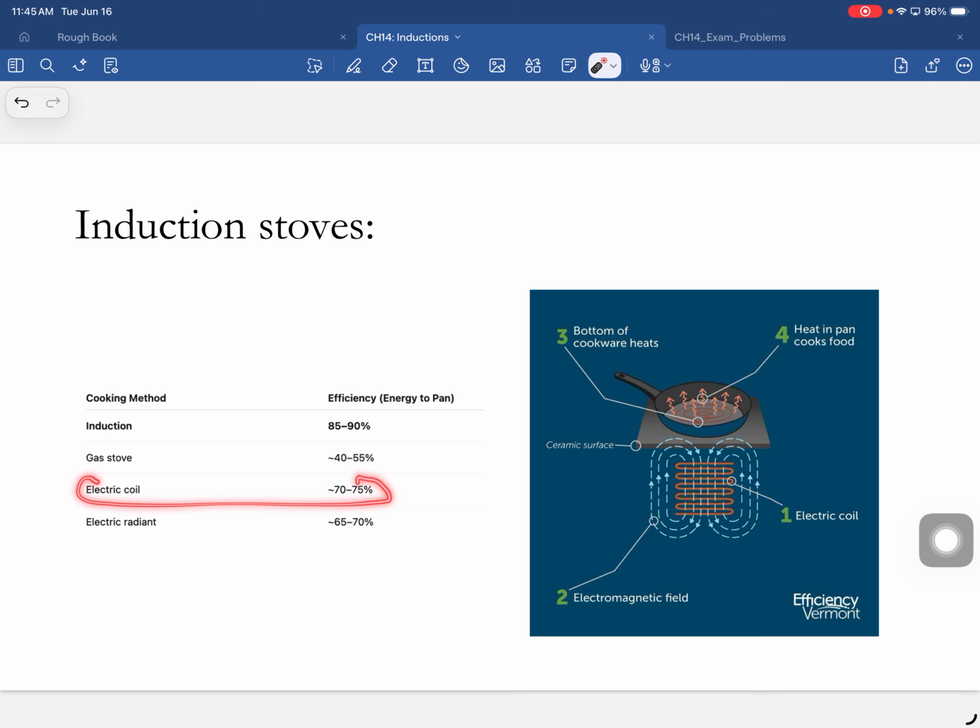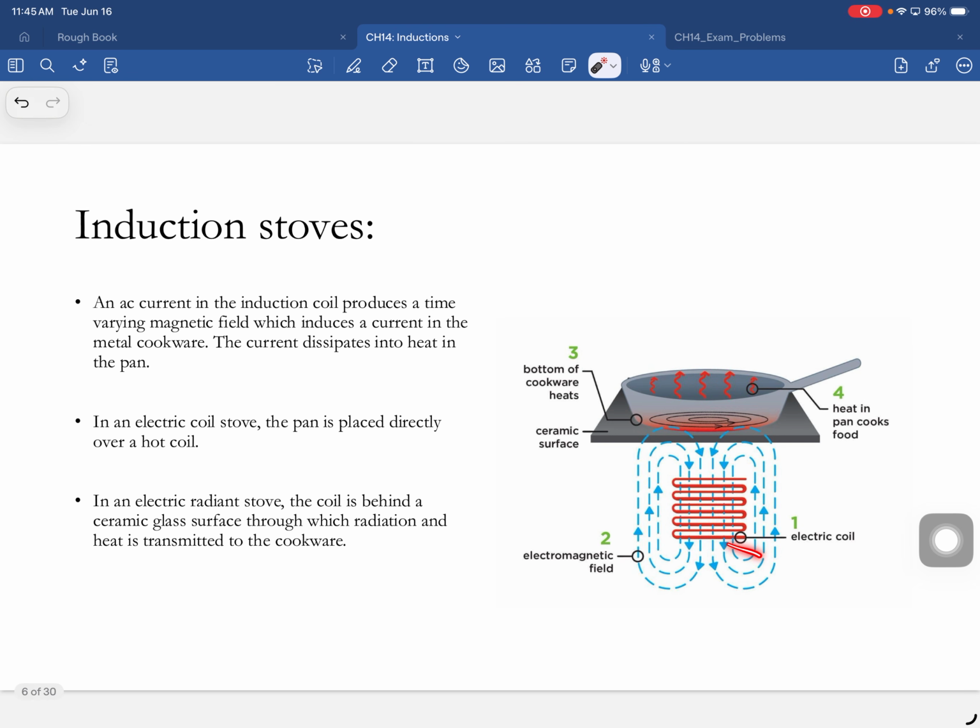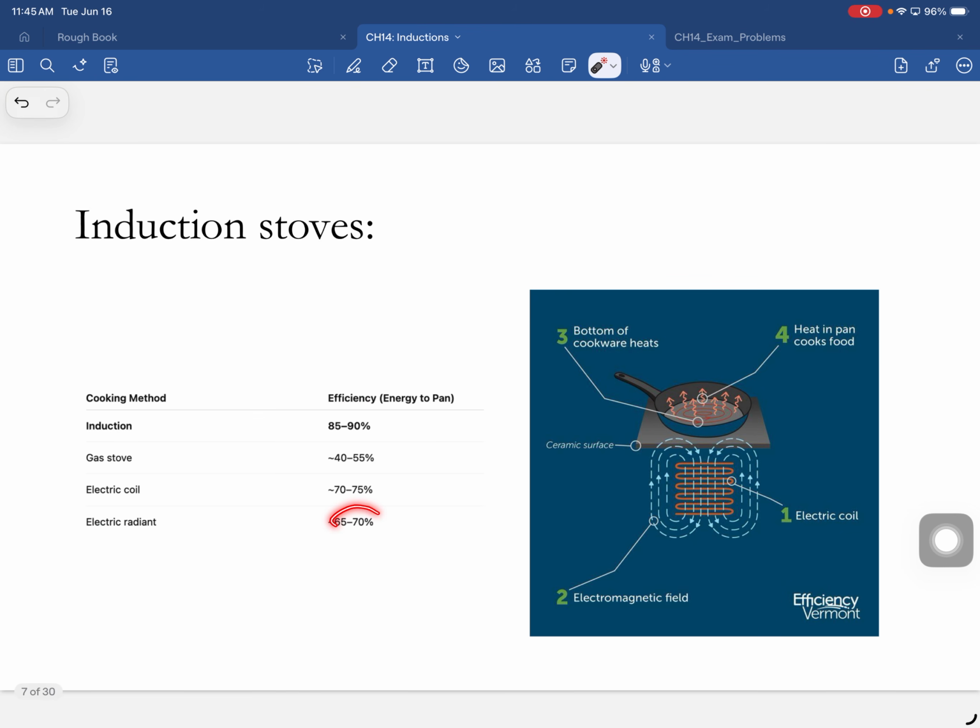Electric coils, so you're heating a coil and putting the pan right on top of that, and heat goes via conduction. That's only about 70%, 75% efficient. And a radiant stove, you're again heating a coil, and that coil is radiating, and heat is conducted through this plate to there. And so that's also inefficient. Okay, the induction stove is the most efficient.